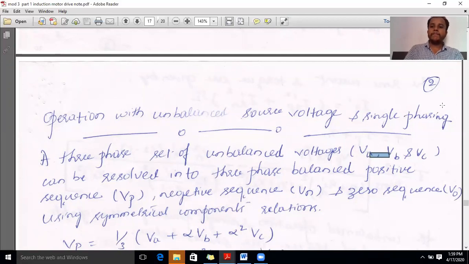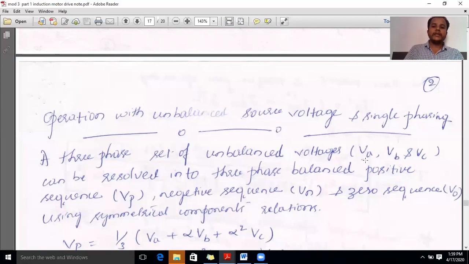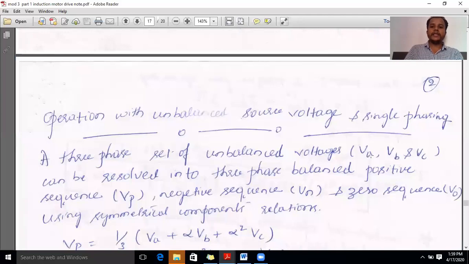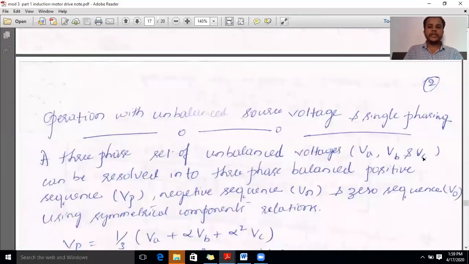So what is V_A? V_A is given by V_p plus V_n plus V_0. That is, each voltage V_A has a positive component, a negative component, and a zero component. V_B also has positive, negative, and zero components, and V_C also has positive, negative, and zero.